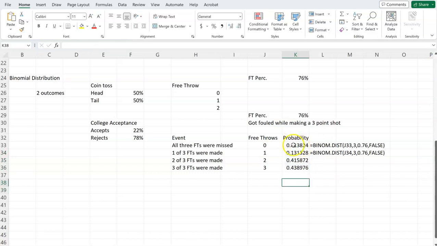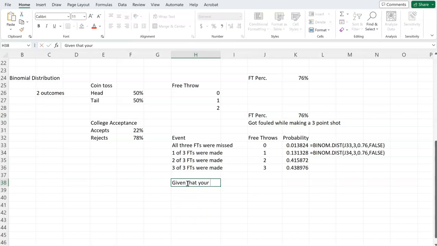So given that in the past your free throw percentage was 76%, this means that you have scored 76% of your free throws in the past, and that does not mean you're going to score 76% at this moment for every single free throw.